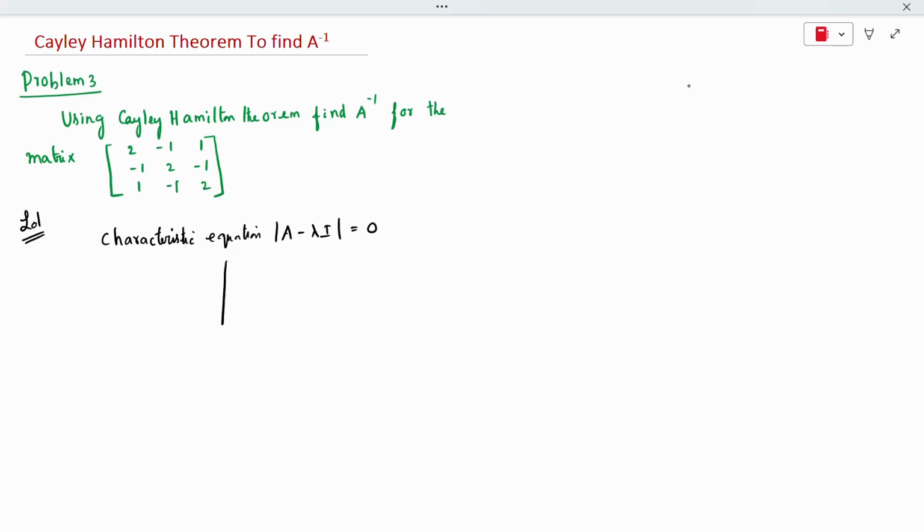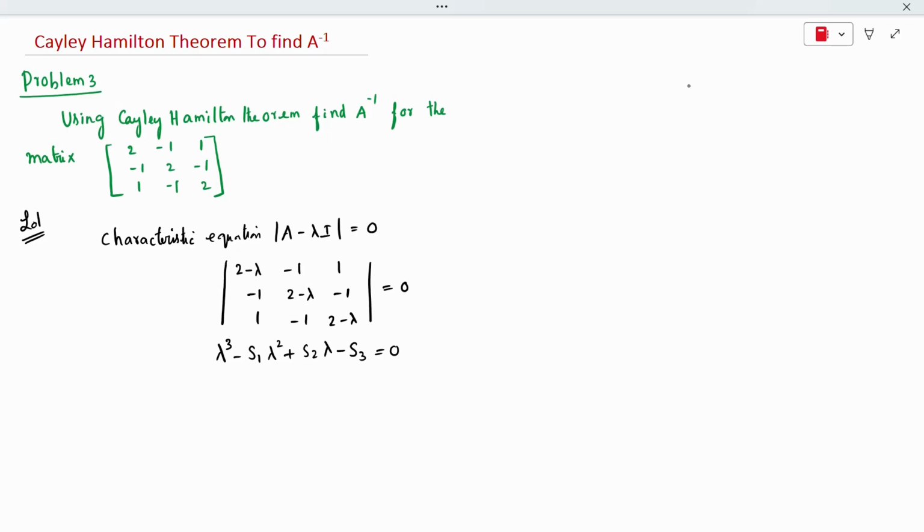So the determinant we write in this format: 2 minus lambda, minus 1, 1; minus 1, 2 minus lambda, minus 1; 1, minus 1, 2 minus lambda. The determinant value equal to 0. I will write the shortcut, or you can calculate the normal determinant. So the shortcut is lambda cube minus S1 lambda squared plus S2 lambda minus S3 equal to 0.